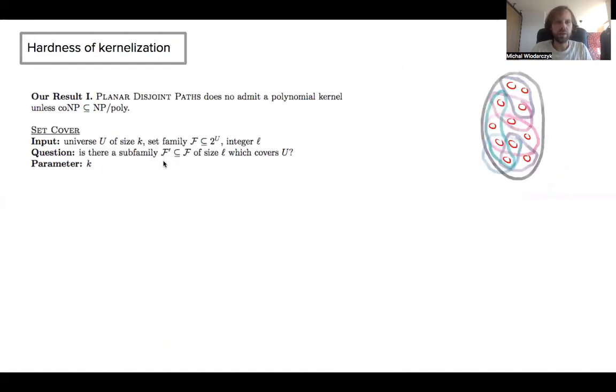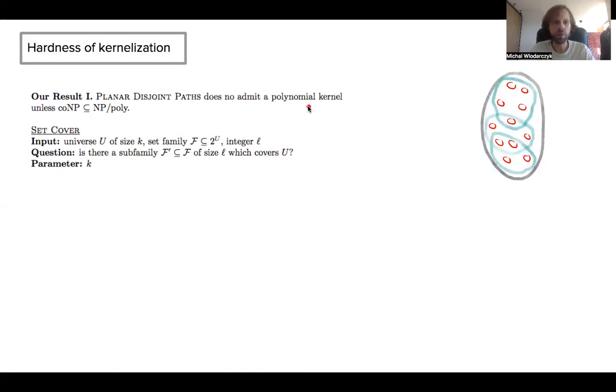Now I will speak a bit about how to get this hardness of kernelization. We reduce from the classic set cover problem, where we have a universe U of size k and a set family over this universe. These sets are drawn with colors here, and an integer L. And we ask whether we can pick L sets from this family to cover the entire universe.